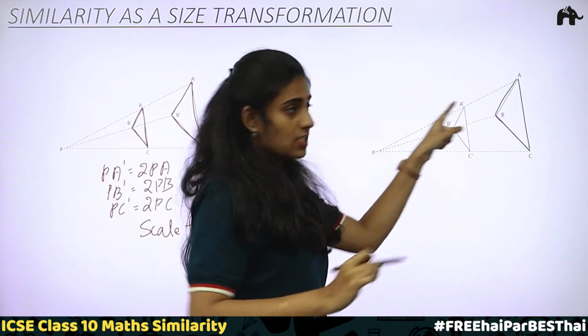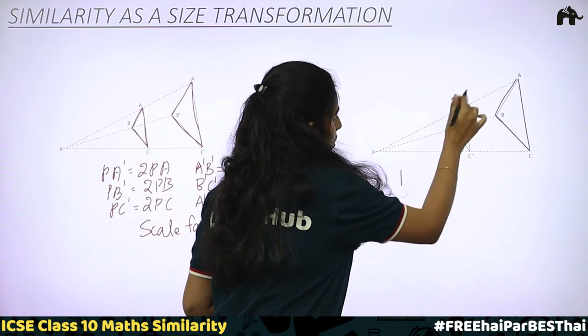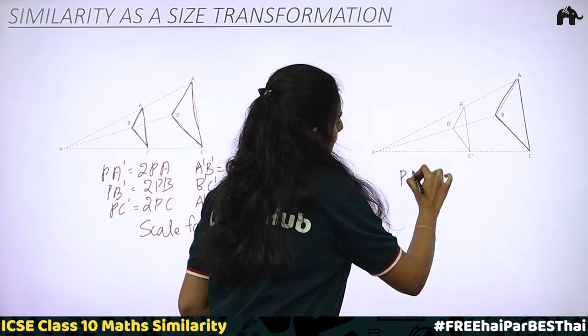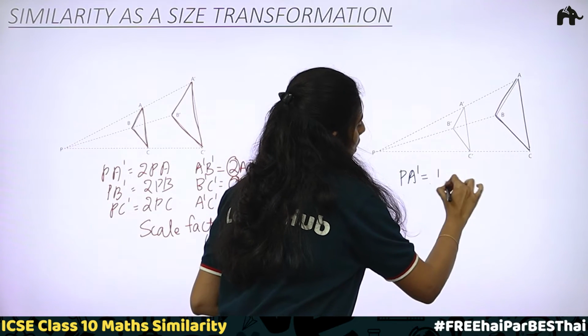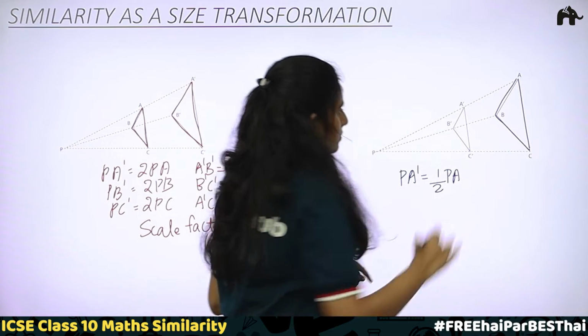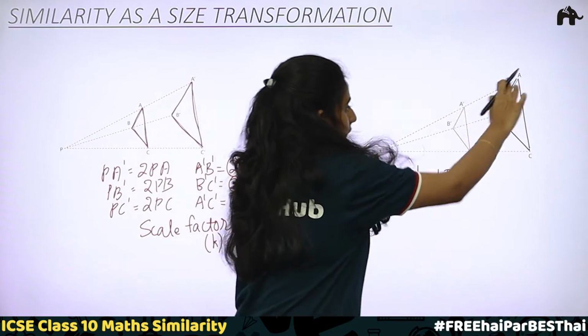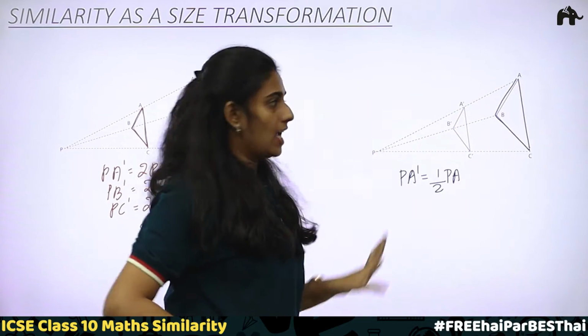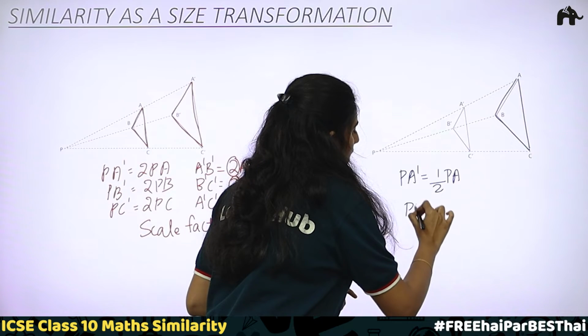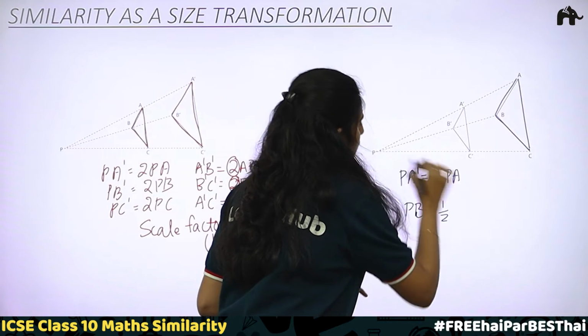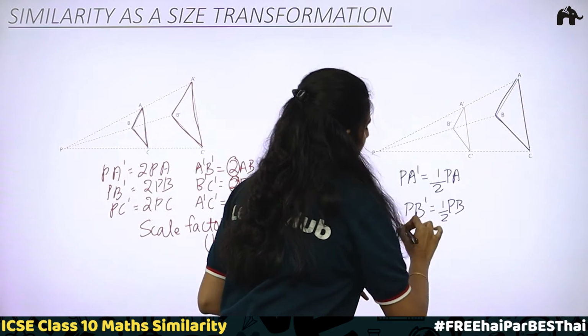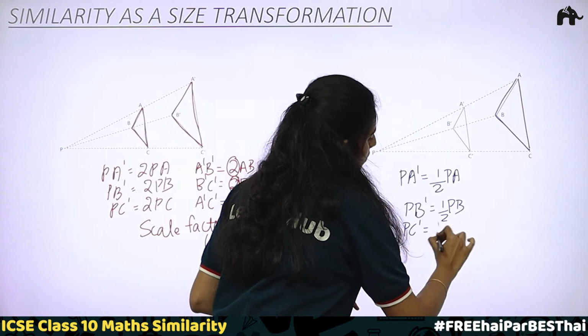So, PA dash will be equal to half of PA. Similarly, PB dash will be equal to half of PB and PC dash will be equal to half of PC.